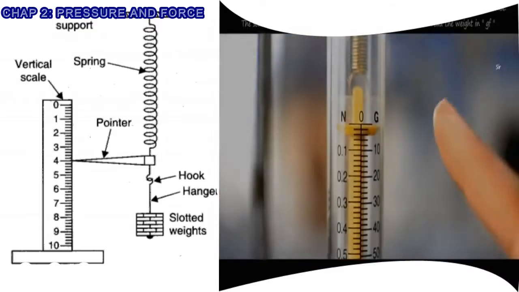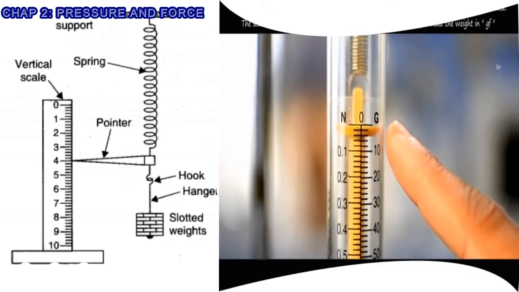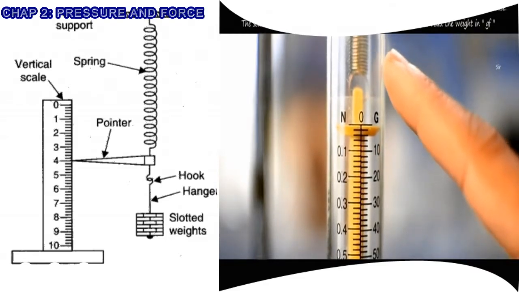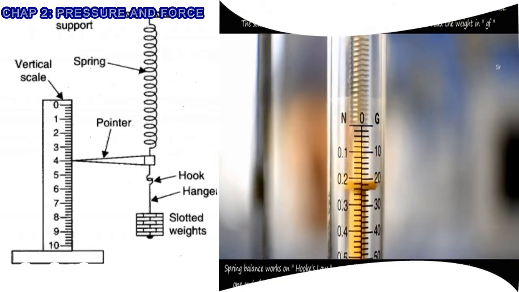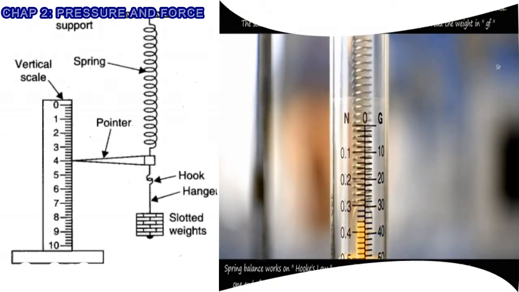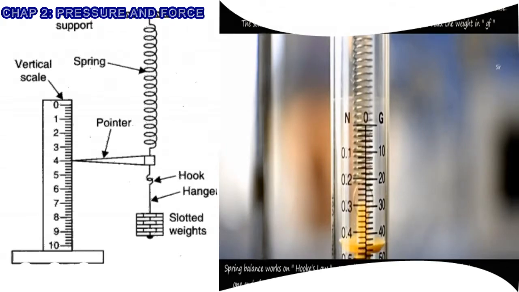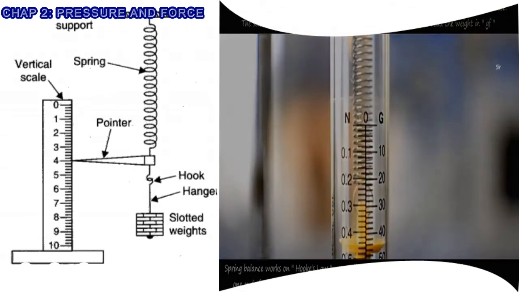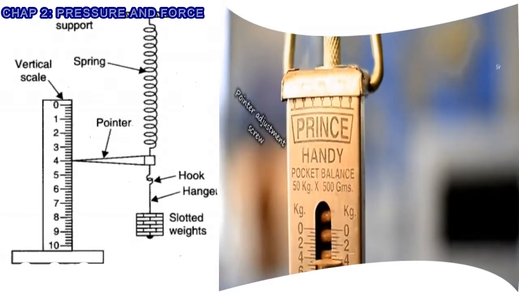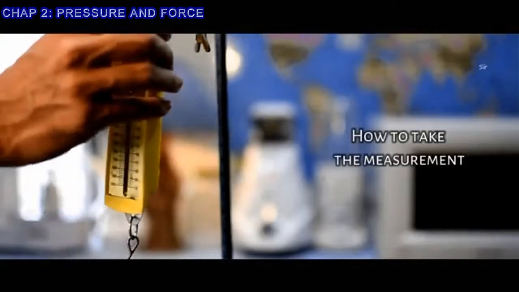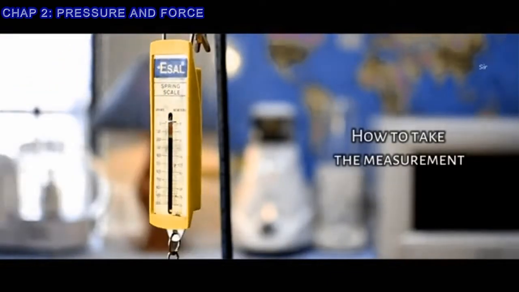The pointer slides over a vertical scale graduated in gram force, that is gf, or kilogram force, that is kgf. The body whose weight is to be measured is suspended from the hook of the spring balance, taking care to see that the balance is vertical. The pointer shows the weight of the body directly.